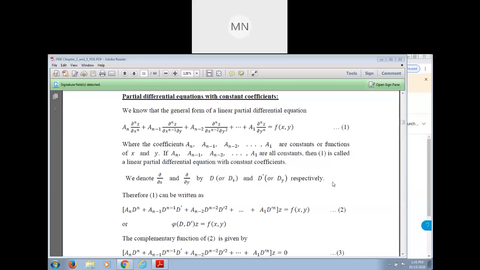Sometimes the equation is written to look like this.